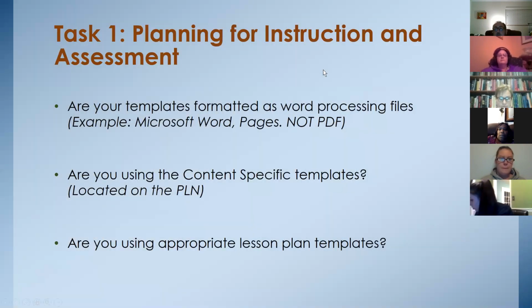For task 1, planning and instruction and assessment, are your templates formatted as word processing files? Do not send in PDF. I'll say it again. Do not send in PDF. In fact, if you can avoid it, do not use PDF.